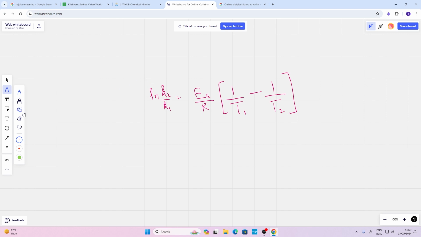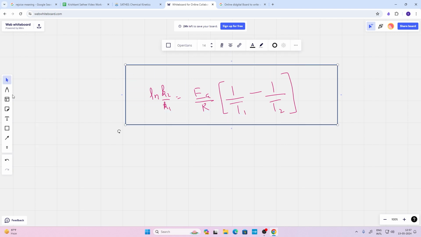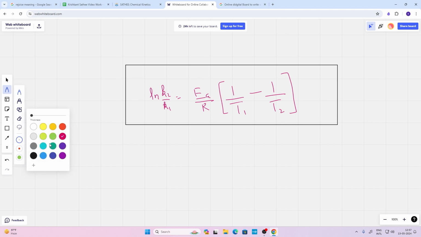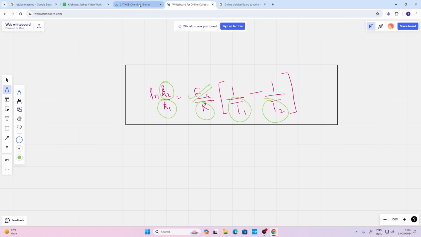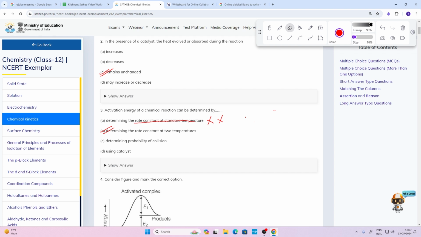So this is our equation. What do we have right now? We have K2 and K1 at two different temperatures, so K2, K1, T1 and T2 are there. R we know already, hence we can calculate our EA. So the correct option is B.